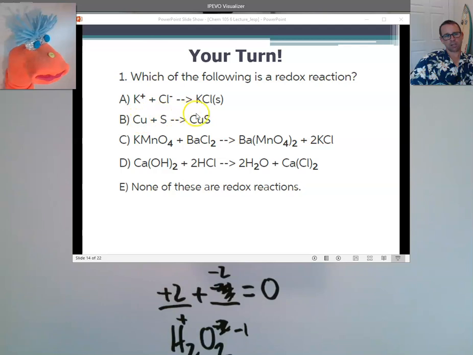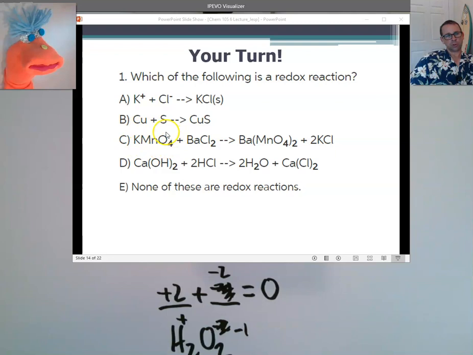We can see that copper has been oxidized or reduced? It had no charge, and then it had a plus charge. It got that plus charge because it had fewer electrons. So it lost electrons. Loss of electrons, loss of Leo, loss of electrons is oxidation. Copper was oxidized. Very good. Excellent.